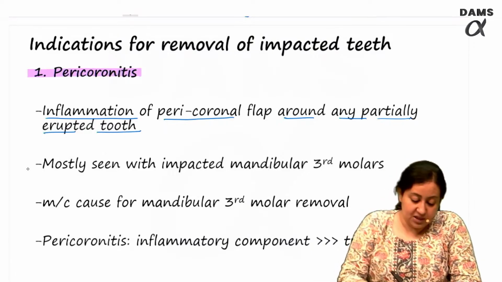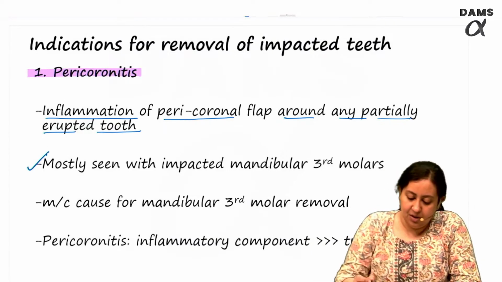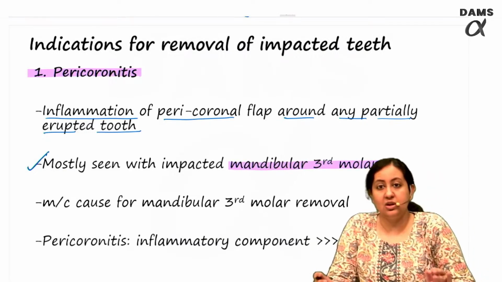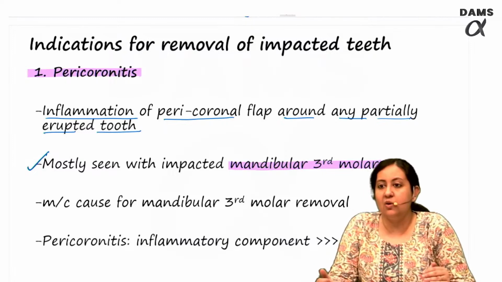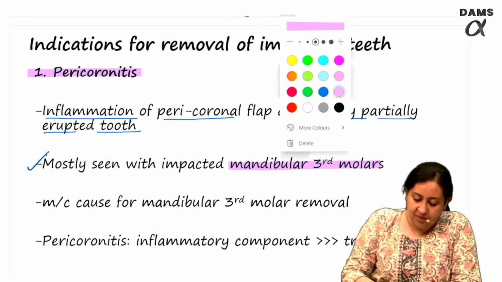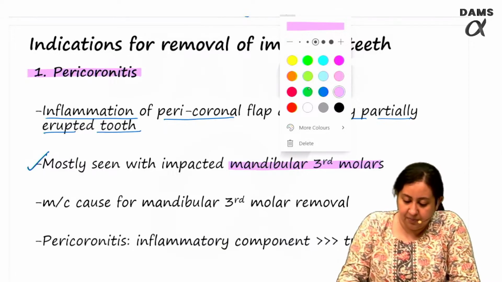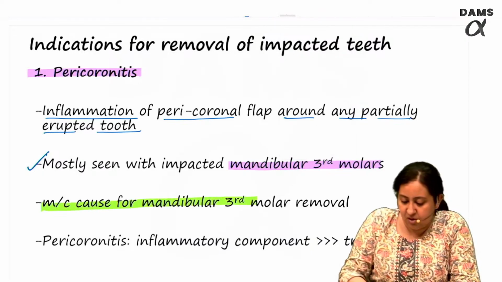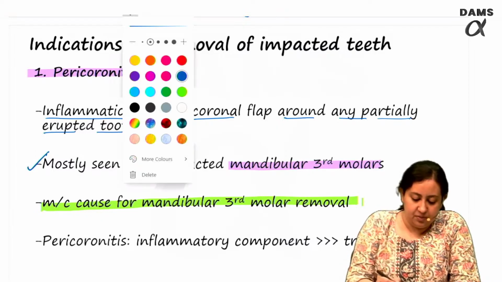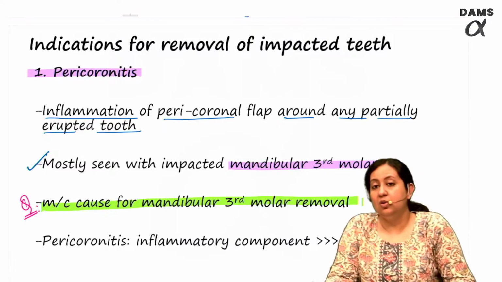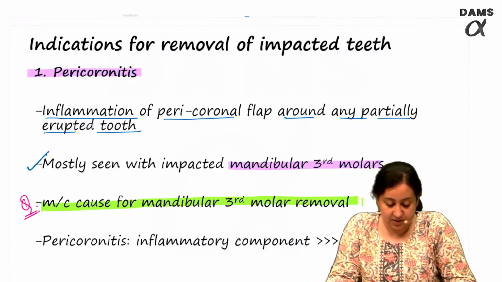It is mostly seen with mandibular third molars. What is mostly seen with mandibular third molars? Pericoronitis. And it is the most common cause for mandibular third molar removal.